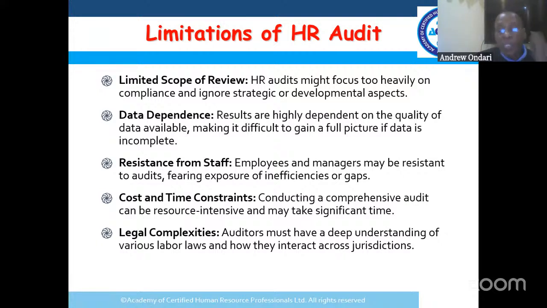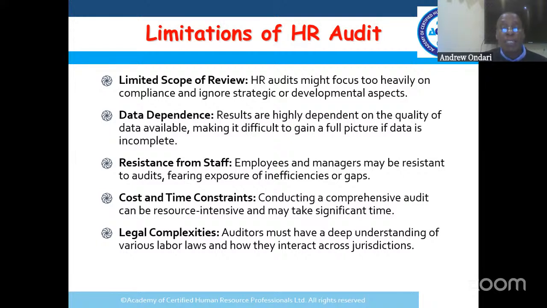The other limitation is the legal complexities, where there are so many laws which must be complied with by the HR managers. I have already mentioned various laws, and there are new ones which have come into force. For example, the housing levy will be included in the many labor laws.